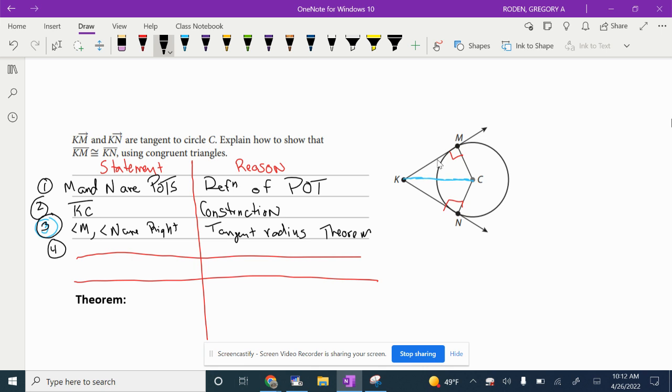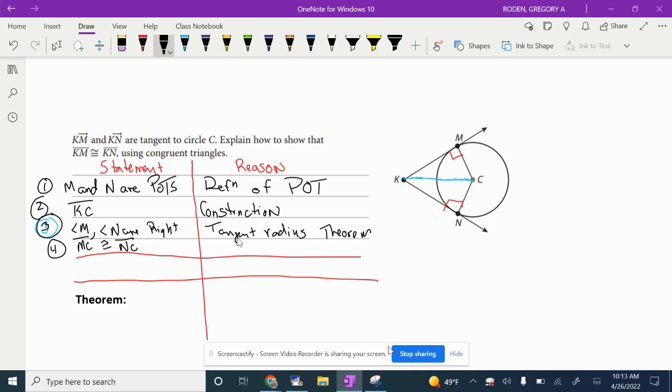Sophia, you want to look around and call on someone that maybe can help you out? Xavier. Segment MC is congruent to segment NC. Okay, very good. So we can now say that MC, write this down, this is really good stuff, is congruent to NC. Why is that true, Xavier? Because they're both radii.